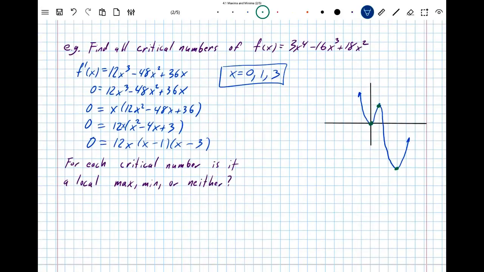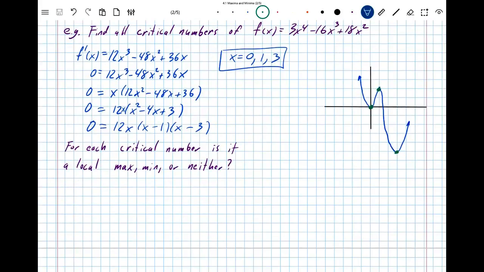There's a couple of ways we could do this. Okay, one way is we could just plug in and see, all right, am I going down or am I going up at each of these points? So if we just plug in into my derivative, I could say f prime of 0, f prime of 1, f prime of 3.